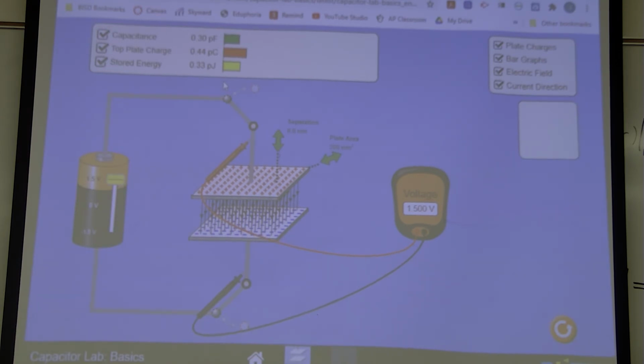So nothing changed here, so the capacitance doesn't change. You could either just say the capacitance is, according to this equation, a function of geometry only, or you could just say that. You don't need to be super long-winded. There's not enough space for that, but you can either reference the equations or just talk about your conceptual understanding.